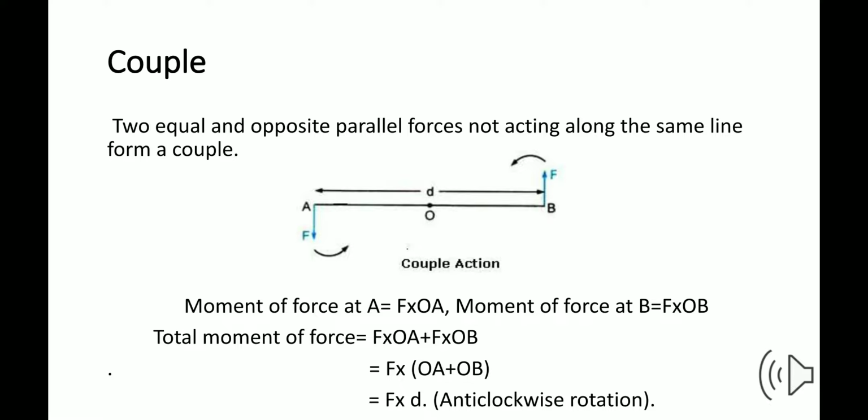Now F will be taken common, OA plus OB, and that becomes F into D. And the complete rotation is anti-clockwise because the result is positive. So you have studied till here what a couple of forces is and what the total moment of force on a body is. So we take the next slide.